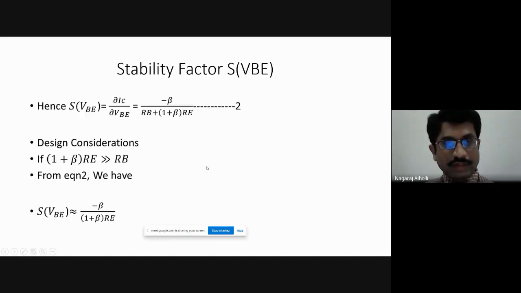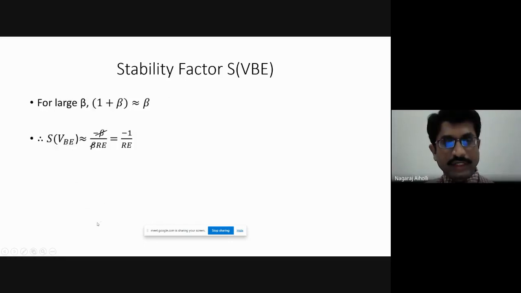Then as we further reduced the equations, we got S of VBE is equal to minus beta to 1 plus beta into RE, but 1 plus beta is approximately equal to beta, therefore S of VBE will be equal to minus beta divided by beta RE, beta and beta cancel, so it is equal to minus 1 by RE. So we discussed up till here in yesterday's class.